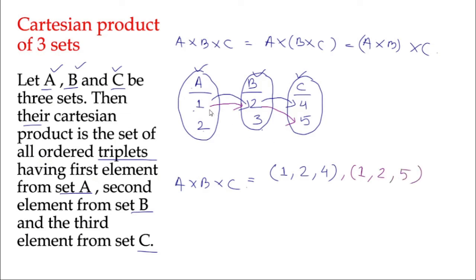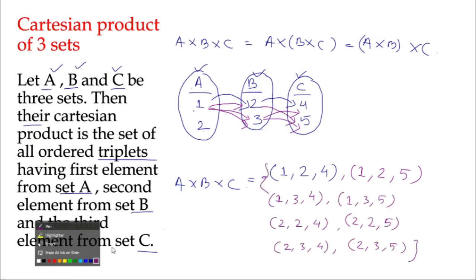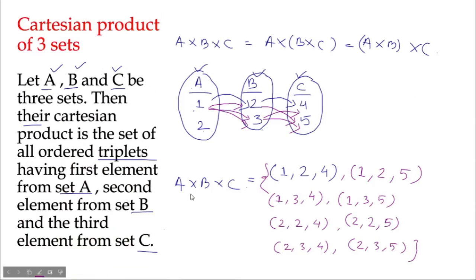Next I will pair 1 with 3, then 4, and again 1 with 3 and then 5. Likewise, I can form the ordered triplets, and hence the Cartesian product of three sets will be formed. So A cross B cross C will be the set of all elements in this form.